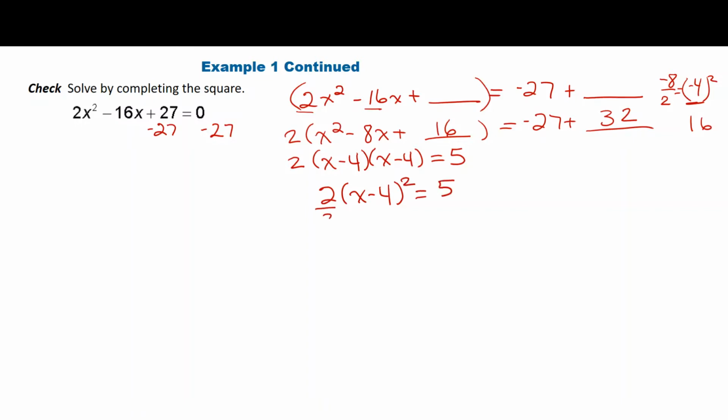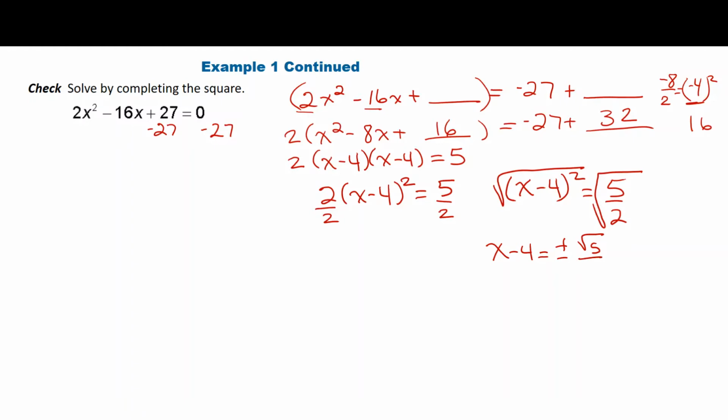All right, so let's divide both sides by 2. So I have, I'm going to start over here now, x minus 4 squared equals 5 over 2. So I haven't gotten to my x alone yet, so I've got to take the square root of both sides. All right, and I end up with x minus 4 equals plus or minus square root of 5 over square root of 2. Now remember, I can't have a square root in my denominator here, so I'm going to have to multiply both the top and the bottom by square root of 2.